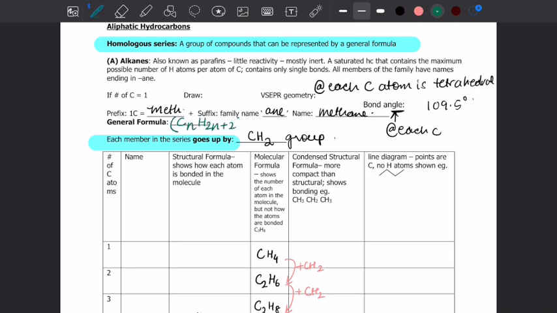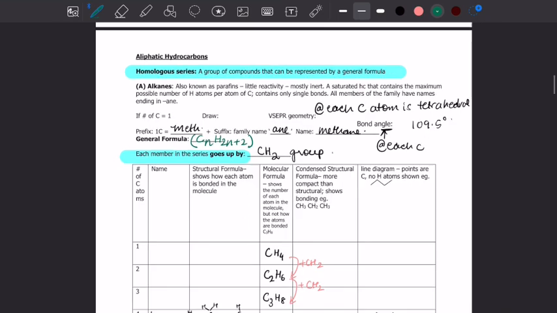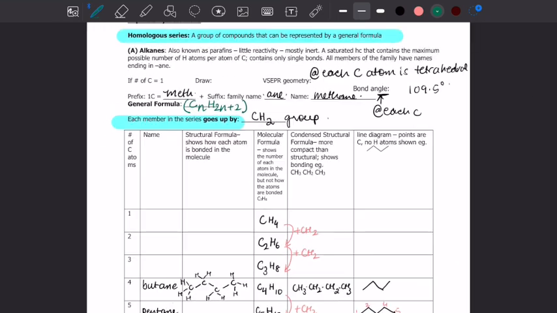So if you have 1 carbon, that means the hydrogens would be 2 times 1 plus 2, 4 hydrogens, and so on for all the other members. So these are the rules for naming simple straight alkanes, the first few members of this series. We will next look at how to name branched alkanes.